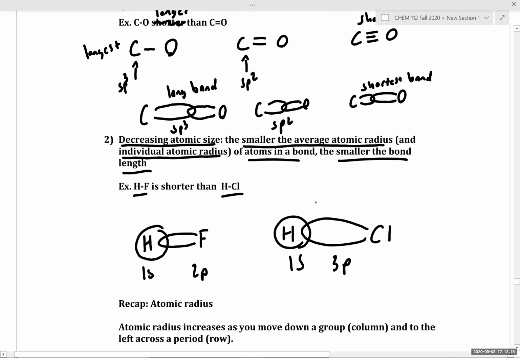And as a result, we have a longer bond as our orbital has to extend farther from our nucleus. So increasing atom size, larger orbital, farther orbital from the nucleus, longer bond. Does that make sense to everyone? Does this trend make sense?